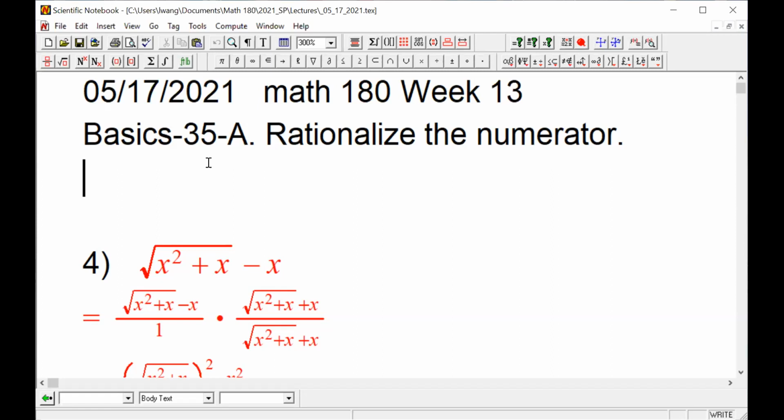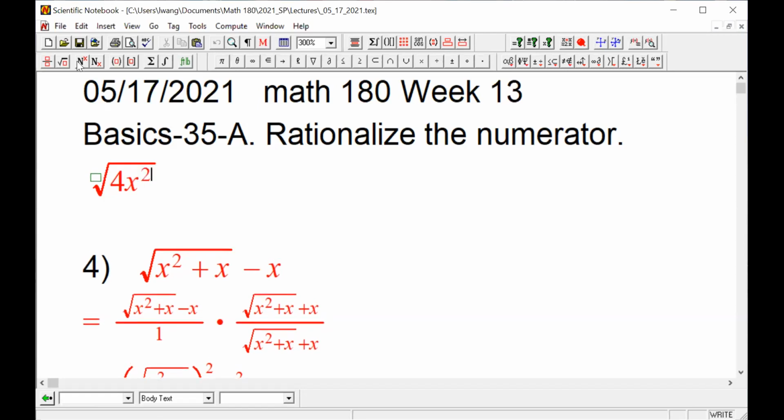The scenario you have to work with is, removing the calculus part, you have a 4x squared. This is from the 8th edition of the calculus text.